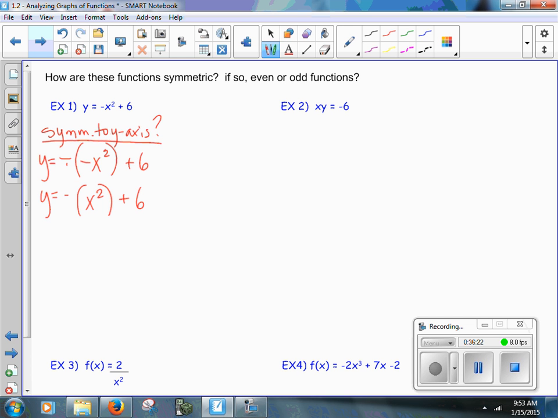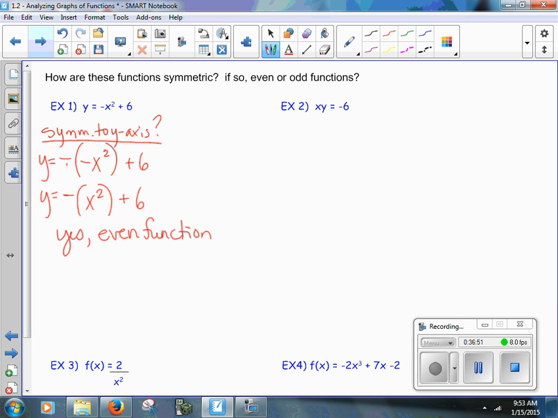It is the original equation. So what's that mean? This function is symmetric to what? The y-axis. What kind of function is it if it's symmetric to the y-axis? Okay? It's an even function.